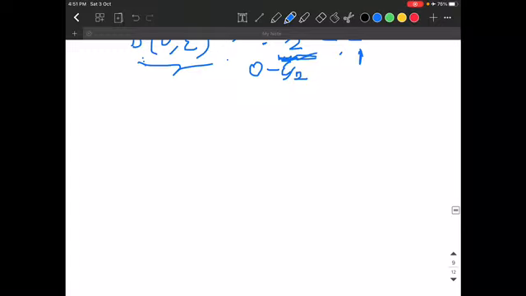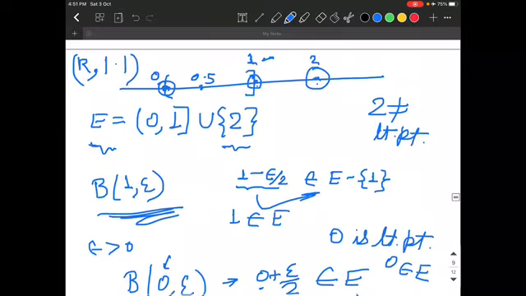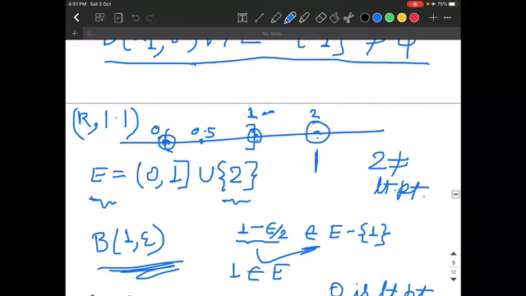Next, here I just like to point out, see this 2. Any open ball around 2 intersects E only at 2. So such a point is called an isolated point.